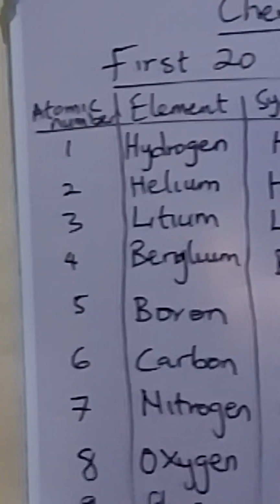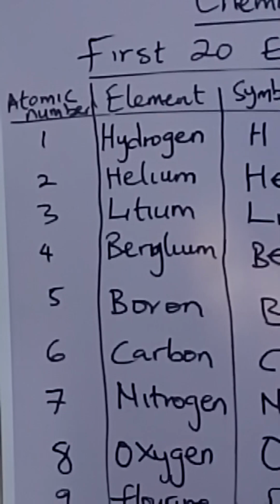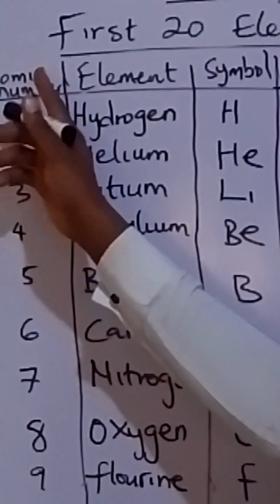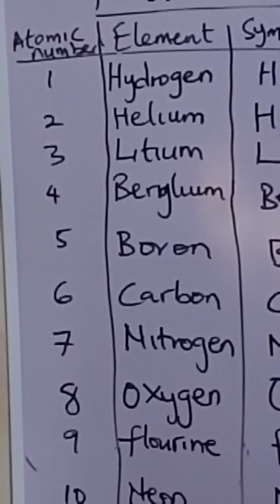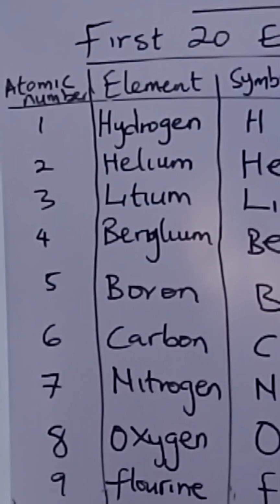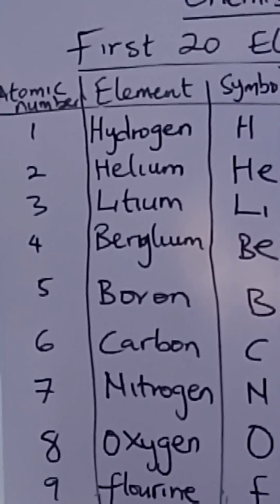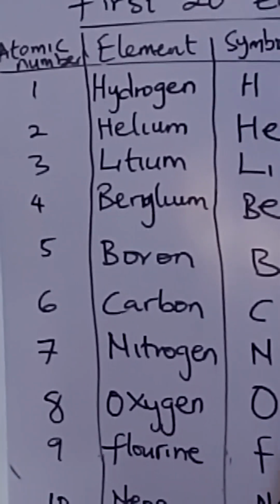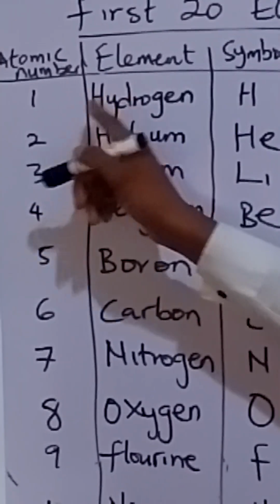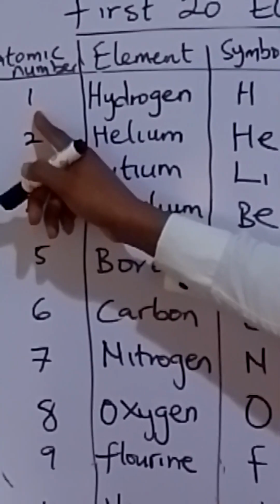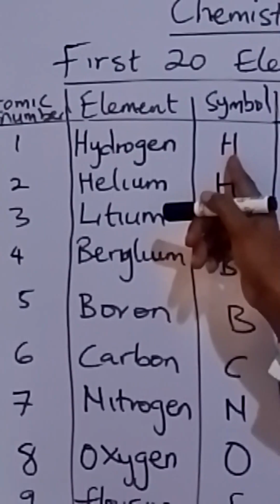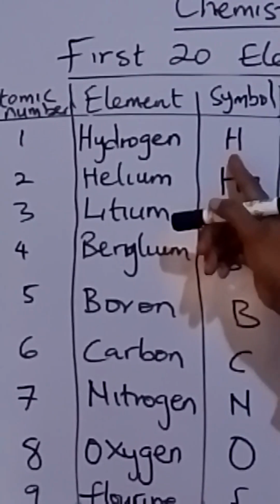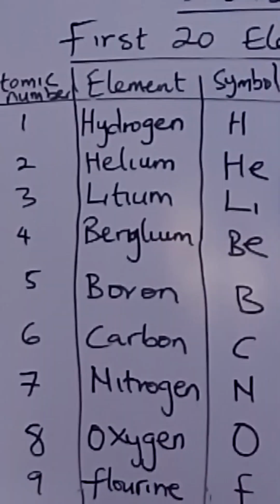Almost all the properties of an element come from its atomic number. So knowing the atomic number of an element is a very huge advantage to a chemistry student. So hydrogen has an atomic number of 1, and the symbol of hydrogen is H. Wherever you see H, it is representing hydrogen.